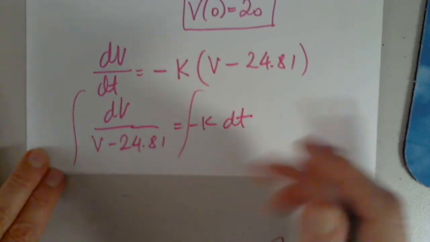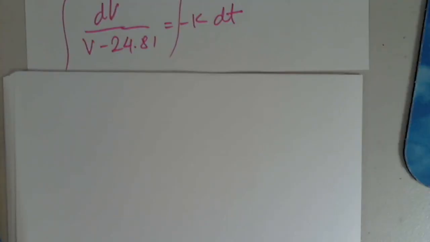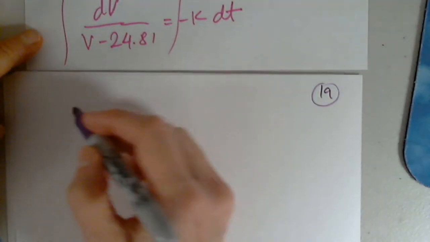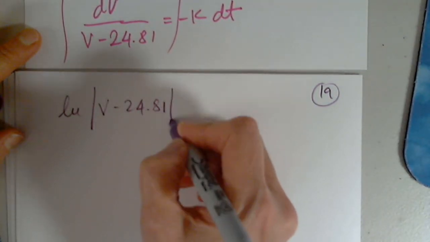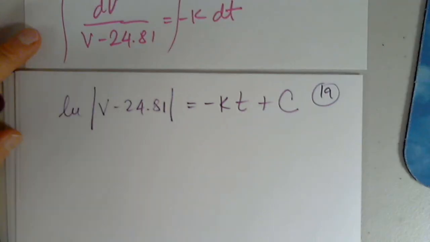And now we can integrate. This is natural log of the absolute value of V minus 24.81 equals -kt plus a constant c.